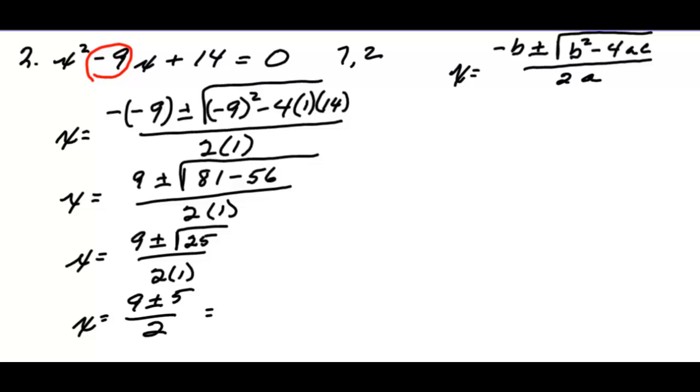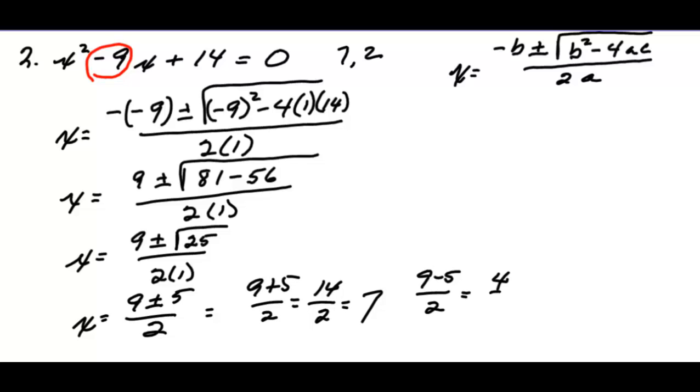If I took 9 plus 5 over 2, I would get 14 over 2, or 7. If I took 9 minus 5 over 2, that would be 4 over 2, and that would be 2. So those two answers, 7 and 2, happen to be the two answers we got before.